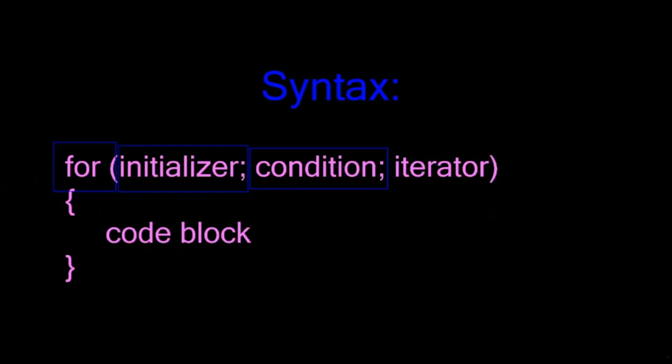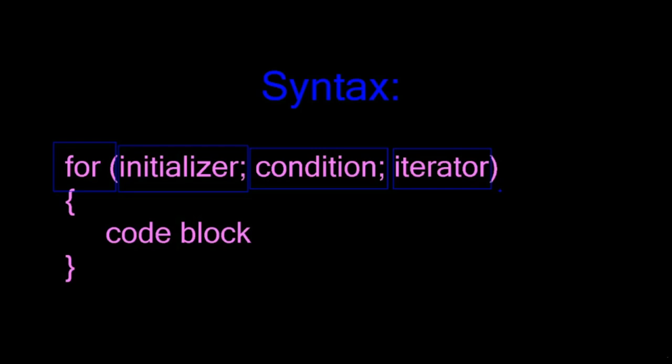That's about the condition. And then we have the iterator. The iterator defines the incremental or decremental change of the loop variable. So you can increase it or decrease it by 1.